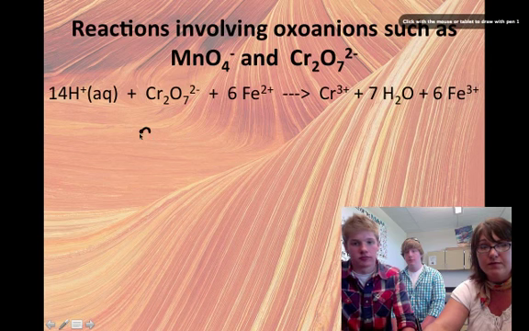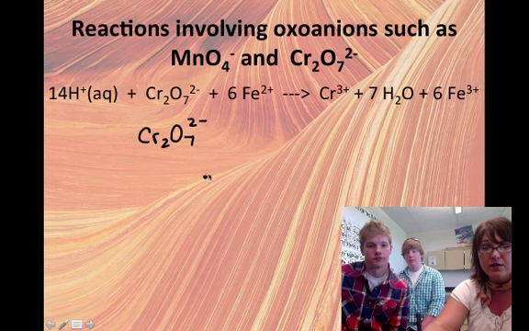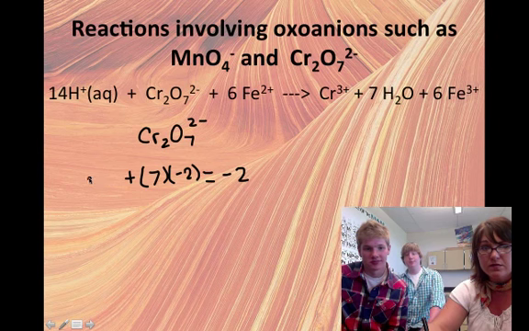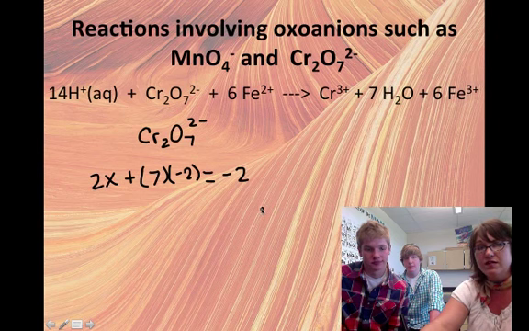So let's work out chromium in the dichromate. We know what oxygen is going to be, right? So we have an overall 2 minus charge. What's the oxidation state of oxygen? -2. Always -2. And then how many chromiums? We've got 2. So I'm going to use X for the charge because we don't know what it is yet.